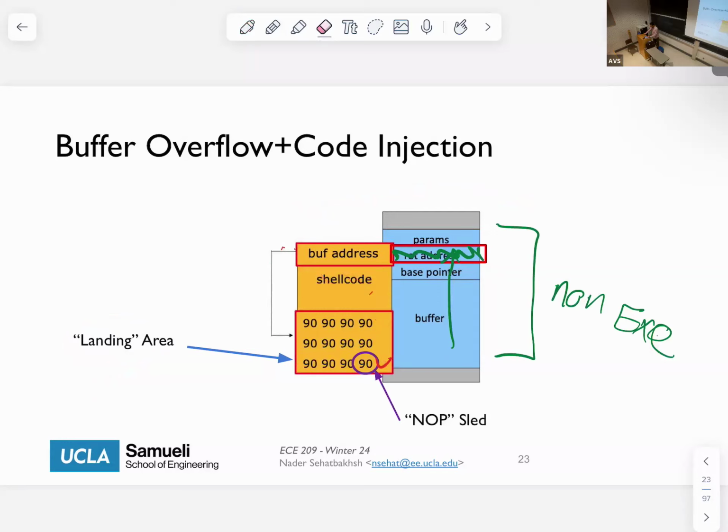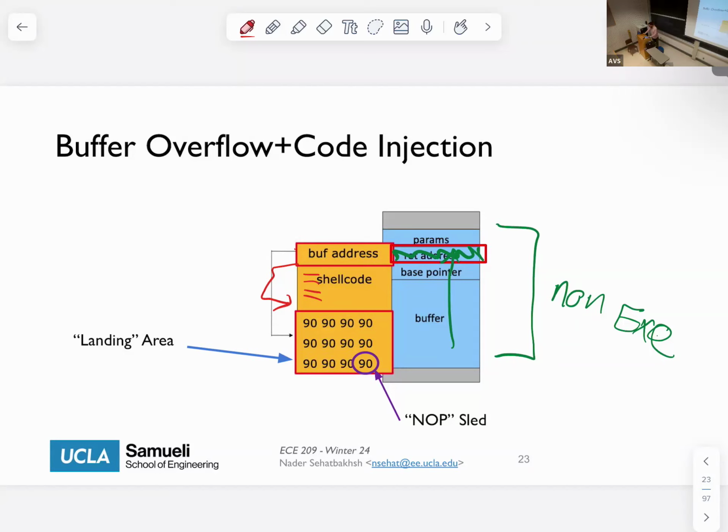The optimization that I described was that the problem with shellcode is that it needs to be very accurate, because think about it as a program: it needs to start exactly at the beginning. If you start a program from the middle, it's not going to work, right? So we need to know exactly where the shellcode starts, and that's an extra engineering effort.